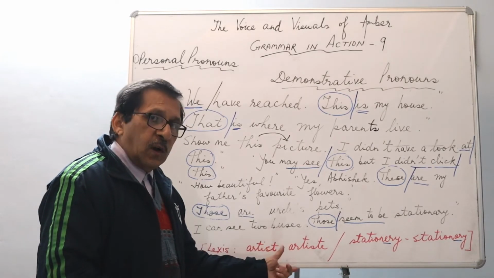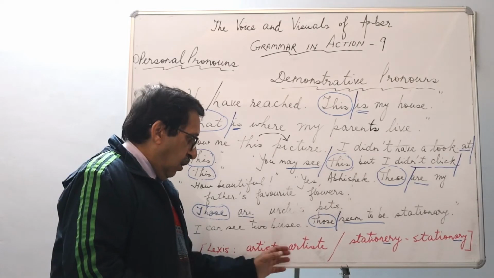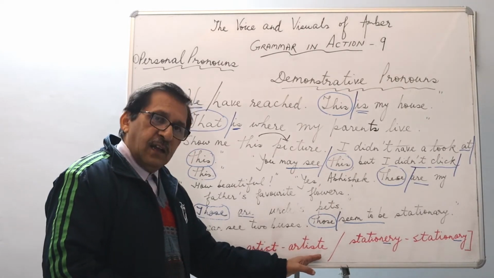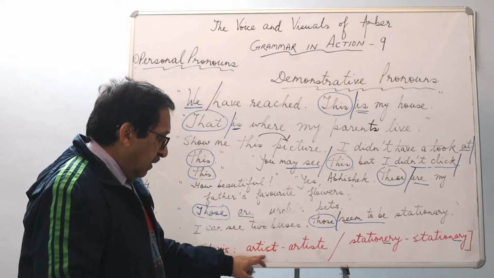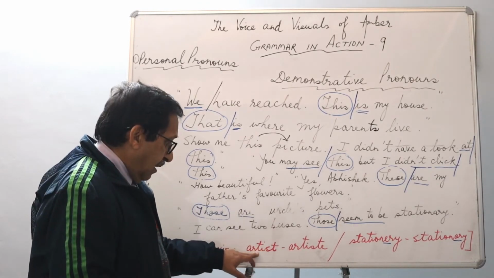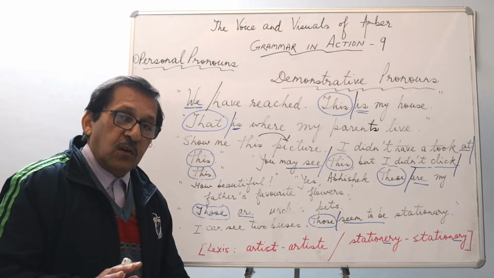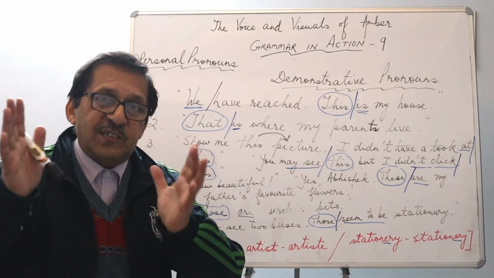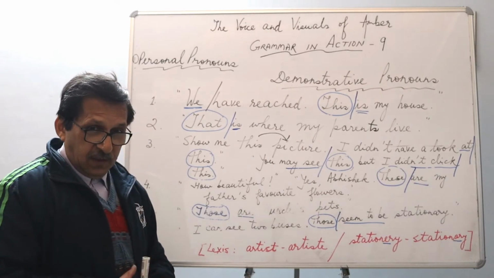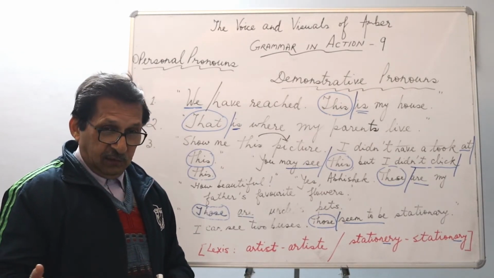She was the one who wanted me to dwell once more a little further on this artist and artiste. So artist with a T and no E at the end is an artist who does not present himself before the audience. His works are appreciated by the audience.